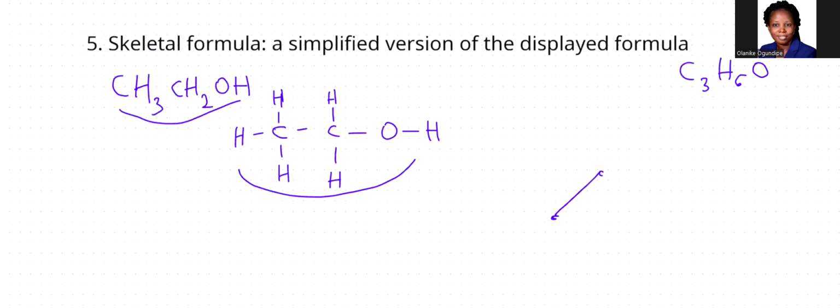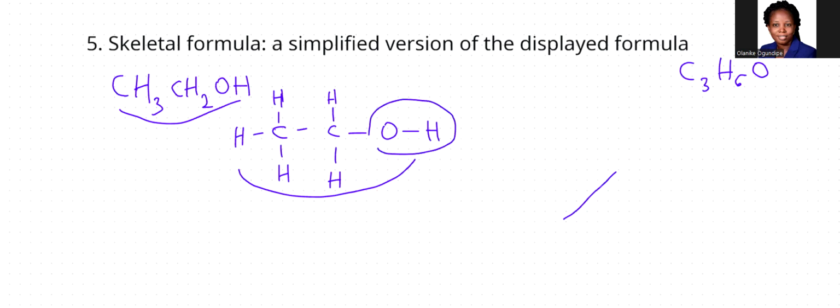Now, having said that, I also said that the hydrogen that is attached to the carbon atom will not be displayed, will not be shown. And that's why I'm not drawing the hydrogen atoms that are attached to the carbon atoms there. So what are the remaining atoms that I have that I've not shown? That is the OH bond here.